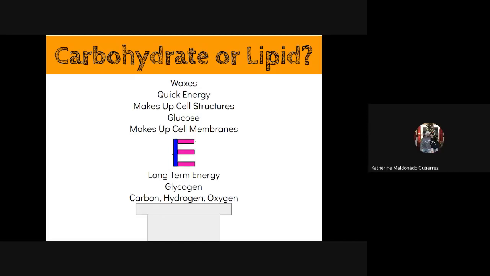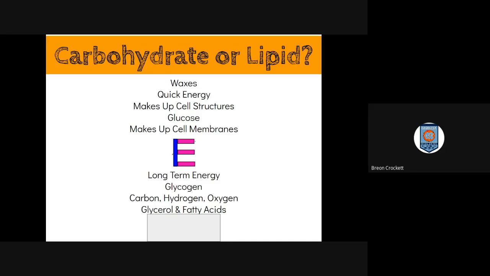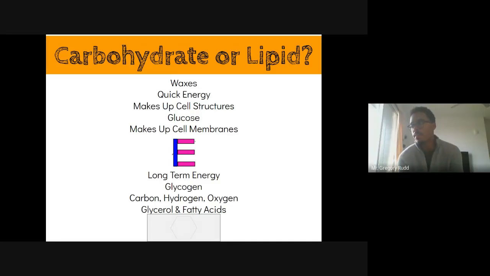Because I'm assuming for carb, it has the ratio next to it. Good. Yeah. Both carb and lipid have those same 3 elements, but as Kathy said, in a carbohydrate, we should see the 1:2:1 ratio. Okay, what about glycerol and fatty acids? Lipid. That's a lipid. And lastly, this is obviously an image of a carbohydrate. So good job. You are definitely on the right track and able to distinguish between these two.